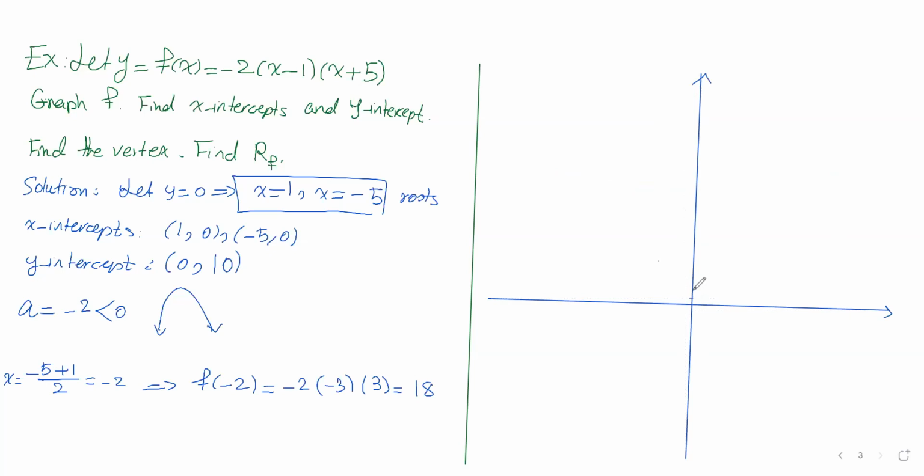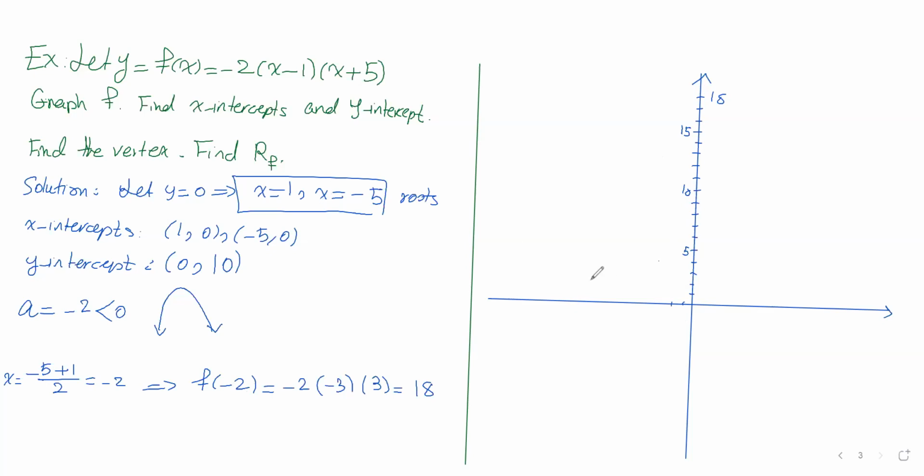So 1, 2, 3, 4, 5, 6, 7, 8, 9, 10, 11, 12, 13, 14, 15, 16, 17, 18. So this is my vertex, right? No, this is not my vertex. This is 18. My vertex is -2 and 18, right?